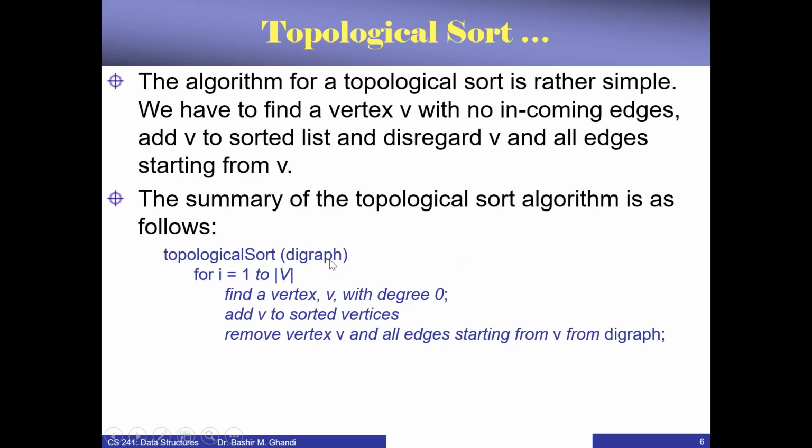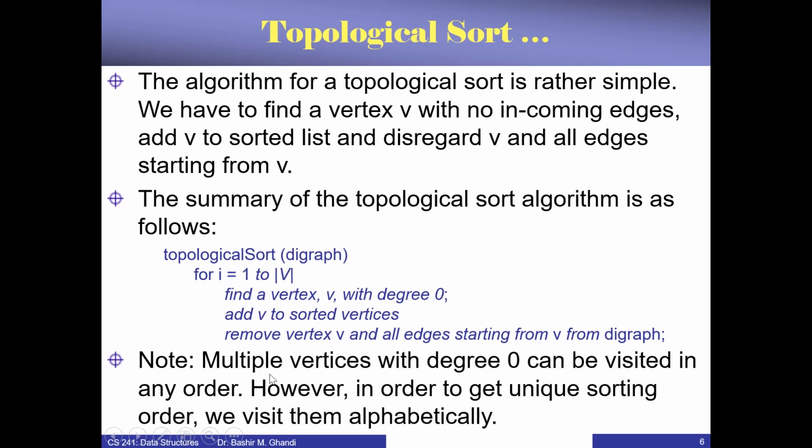However, like I said, we want to make sure you get a unique result. When we say find a vertex V with degree 0, there may be many such vertices that have degree 0. Ordinarily, according to the algorithm, you can choose any of them. But because we want you to get a unique result, maybe for easy marking, we want to put a restriction.